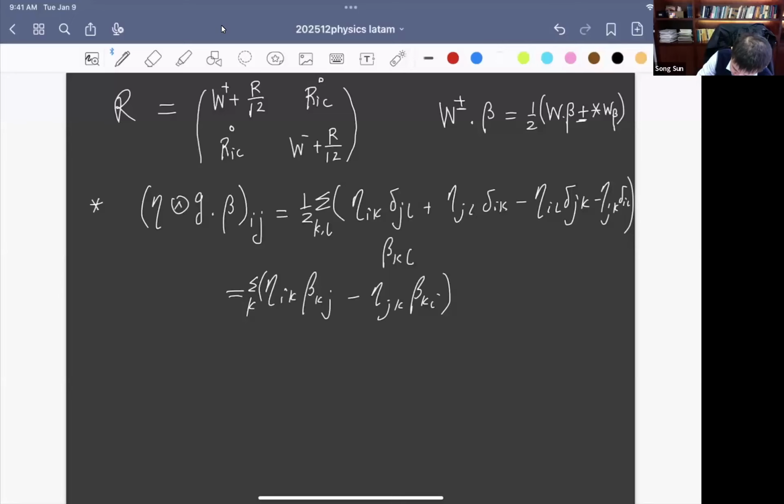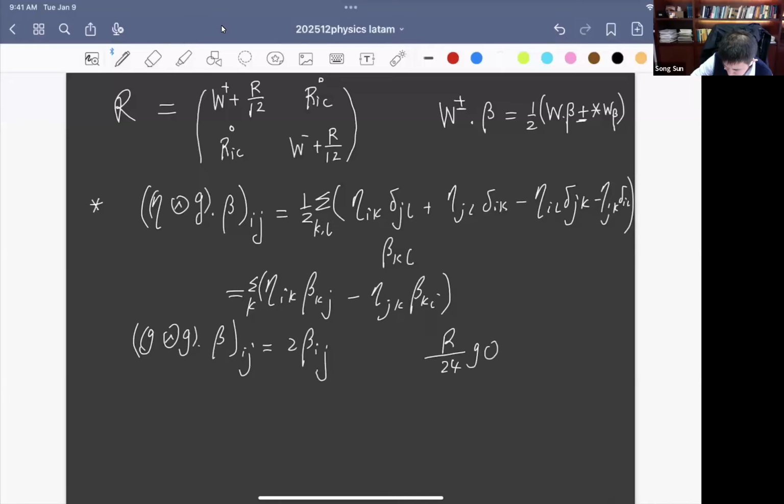So in particular, if η equals g, it acts on β_ij. That's just δ_ik, that's just β_ij minus (−β_ij), so that's twice β_ij. So that's why the first term, scalar curvature over 24 times g∧g, acts on 2-forms as just a multiple of the identity, twice the identity.